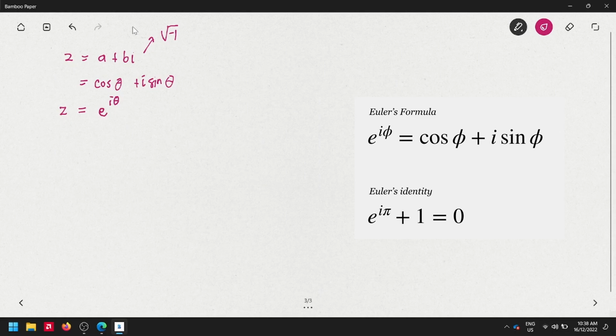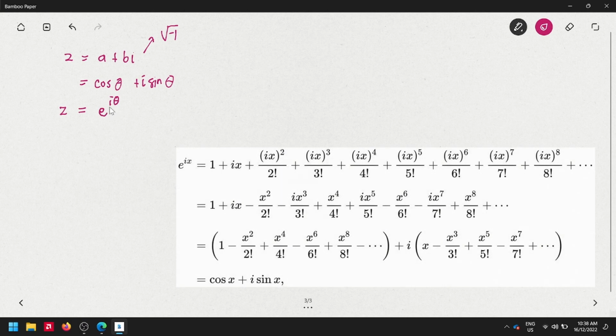I'm not going to derive why it is so, because you need to go through the mathematics, and I'm going to waste my time here. But for now, you just accept it as it is, and if you have the question, why are we using the exponential of i theta, you can ask in your calculus, or I think complex analysis, under another lecture. This is something related to the Taylor series.